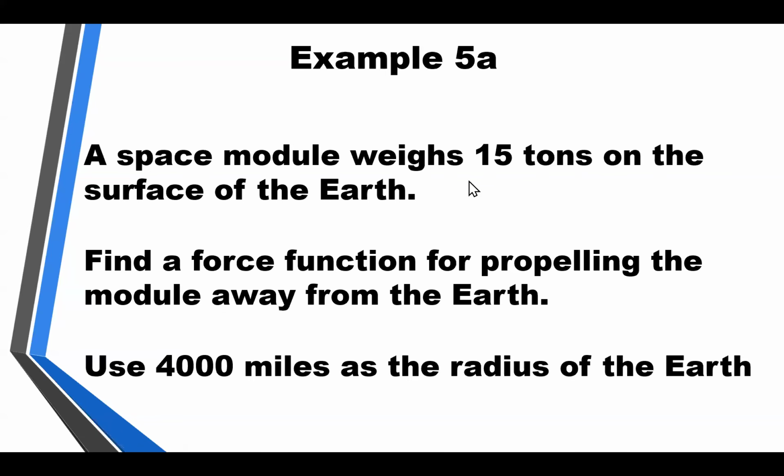Let's do a couple of other examples where we have to find a force function. Here we have the first part of example 5. Let's assume we have some sort of a space module that weighs 15 tons on the surface of the Earth. So this really heavy thing that we got to shoot out into space.